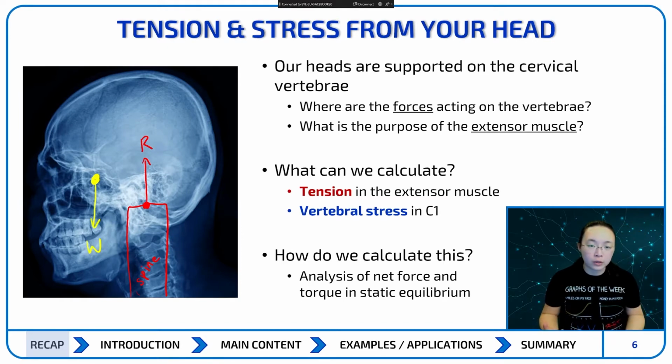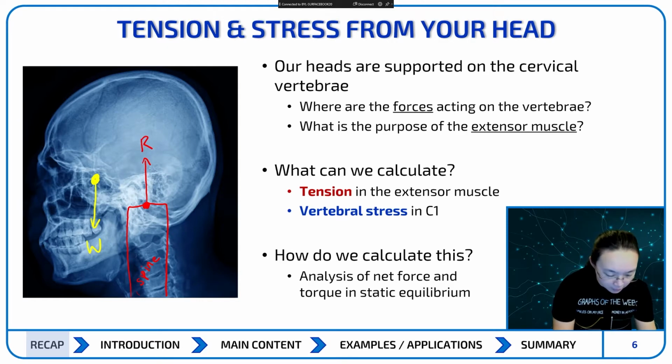Now, in order for you to keep your head still, there has to be a counterbalance on the other side. If I have a force pushing down that's tilting my head forward, I have to have a force pushing down on the other side to keep my head up.